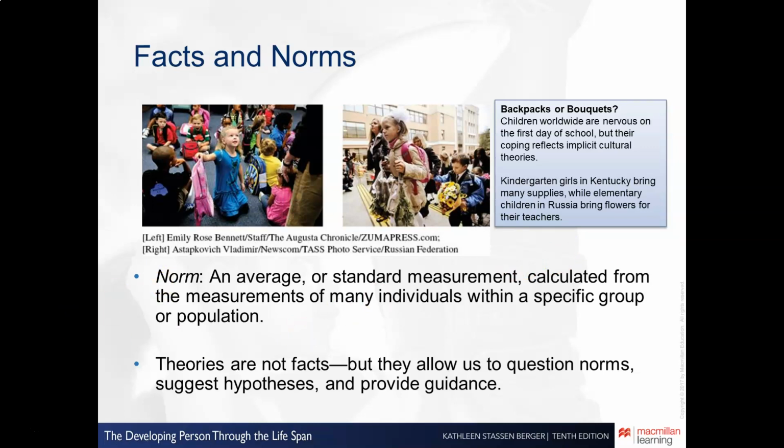So facts and norms is what we're looking at on this slide here. But first of all, we'll take a look at norm. And that's basically an average or standard measurement calculated from the measurements of many individuals within a specific group or population. So to make that simpler, a norm is just what a population normally does.